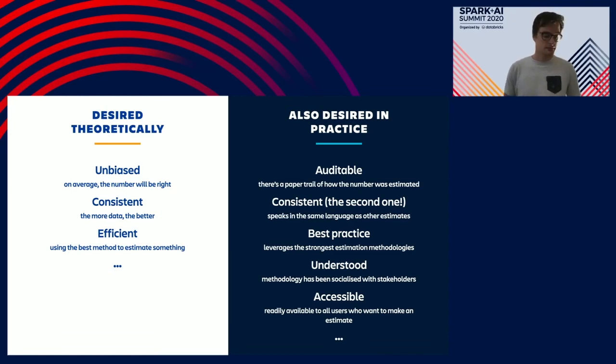And best practice, that ideally each estimate makes best efforts to control for biases in the data. Understanding that stakeholders are on board and trust the methodology, having some appreciation for where it has limitations. And the last one I mentioned, but I could go on, is accessibility. The analysts up and down the spectrum of technical and programming abilities all have the ability to use a methodology.